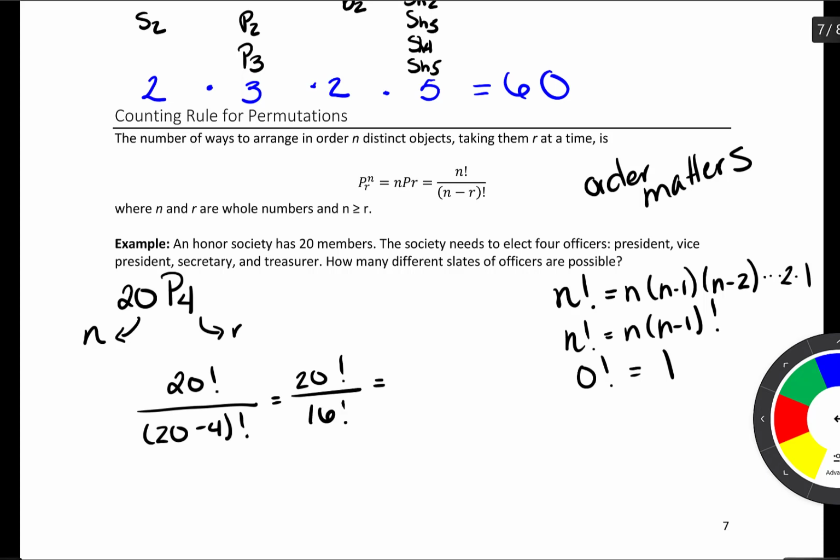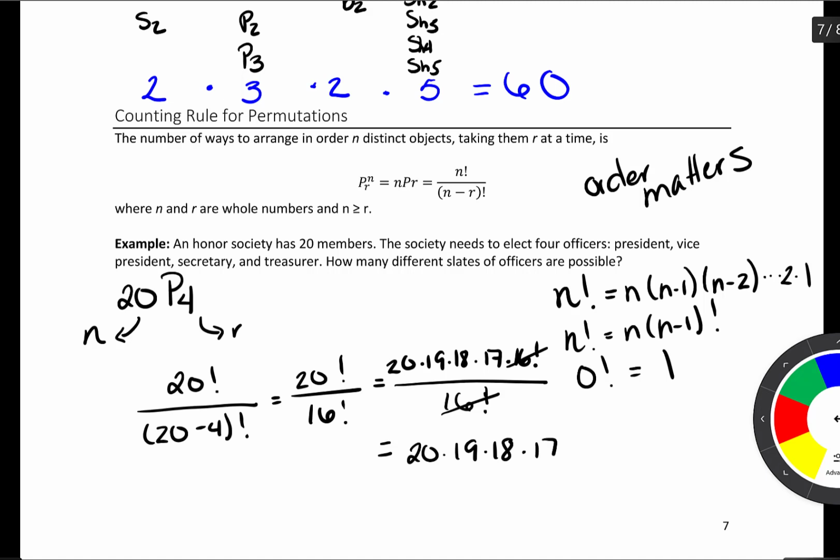If you expand this out, notice that 20 factorial is equal to 20 times 19 times 18 times 17 times 16 factorial. And the reason that is true is I could keep on going and have 16 times 15 times 14 times 13 all the way down to 1, but that whole chunk is just equal to 16 factorial. And I stop there because I've got 16 factorial in the denominator. So notice that those two are going to cancel. So this is going to be equal to 20 times 19 times 18 times 17.